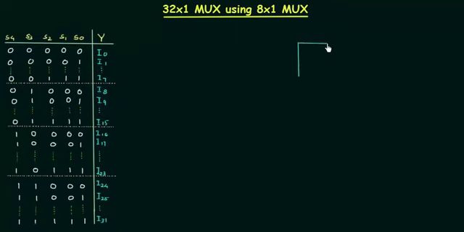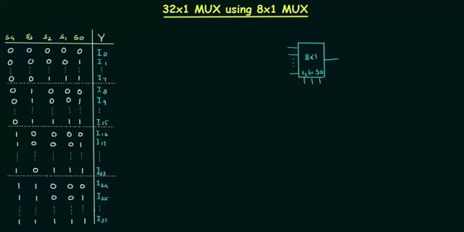This is the first 8 cross 1 mux, and as we have 8 cross 1 mux, we are going to have 3 selector variables, S0, S1, S2. This is 8 cross 1 mux, and we have one output, and we will have 8 inputs.